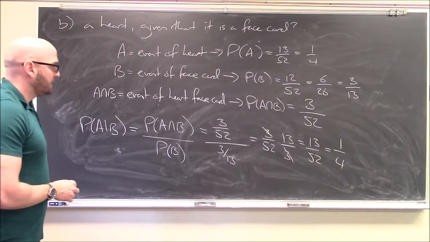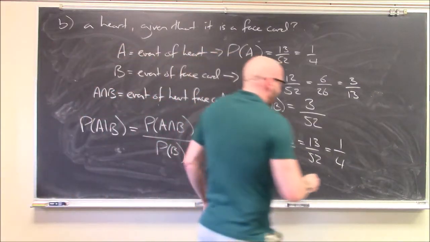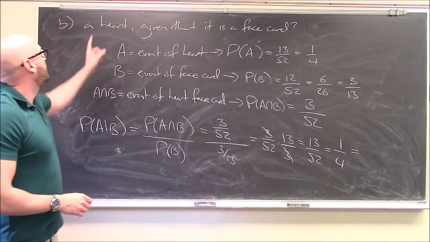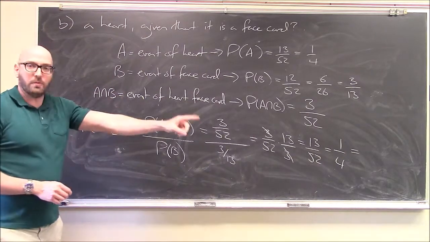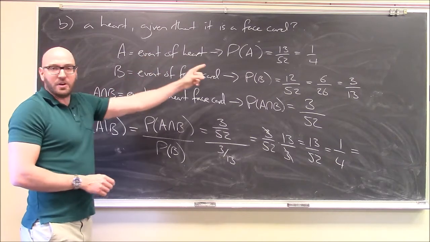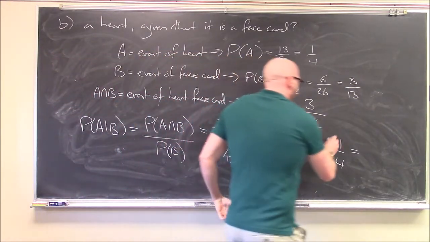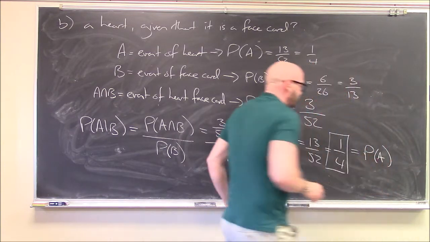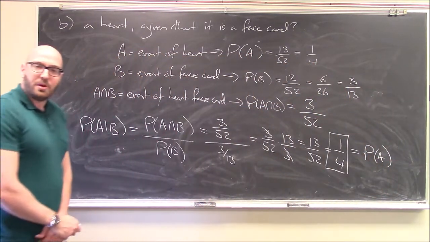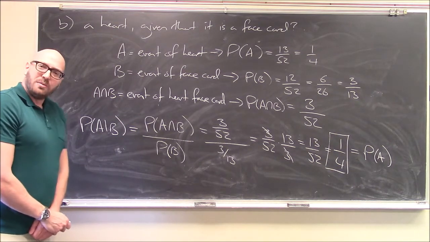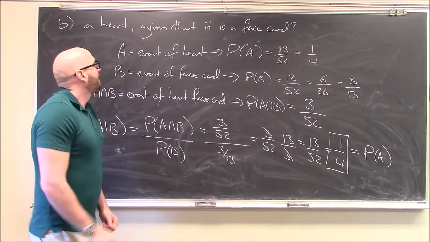So that's interesting. The probability of drawing a heart, given that it's a face card, is 1/4, but that's the exact same as just the probability of drawing a heart in the first place. All right, so notice, that's just the probability of A. And if you think about it, that's kind of expected, right?